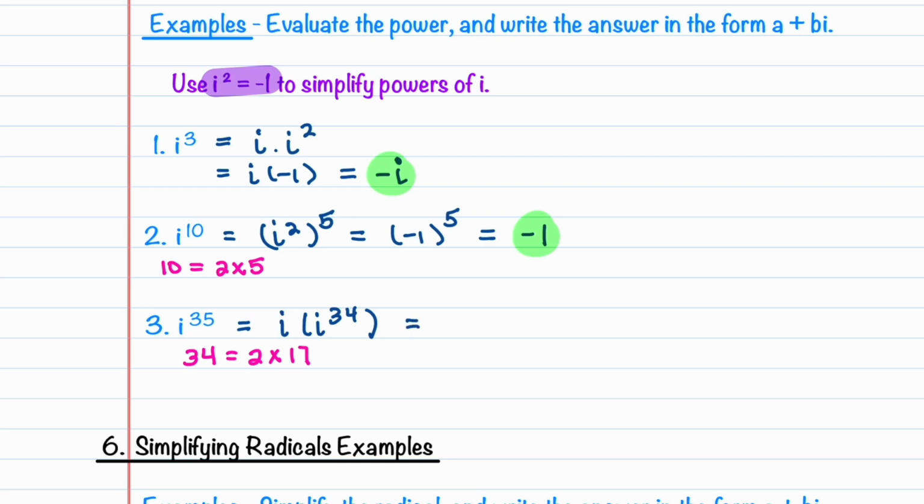So we can write this as i times i squared to the 17. Now we'll plug in that i squared is -1, so we have i times -1 to the 17th power. -1 to an odd power is -1, so this just gives us an answer of -i.